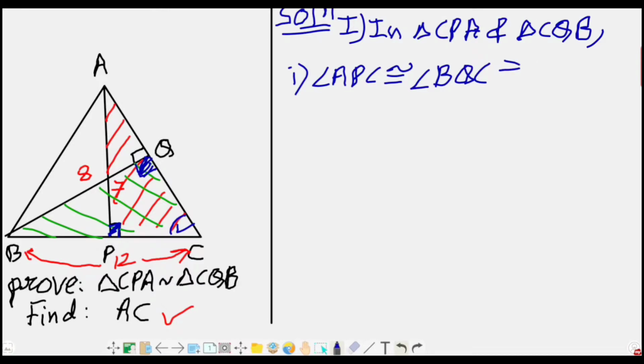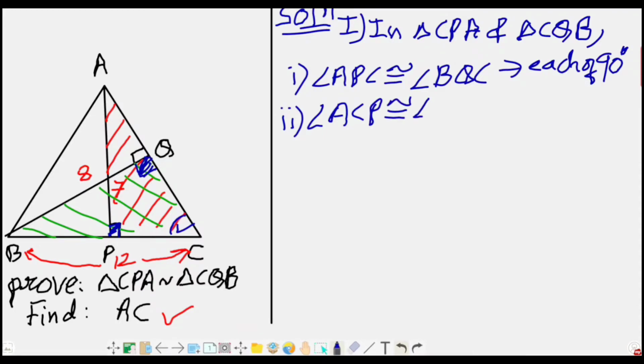Why are both congruent, students? Because each of them is 90 degrees. The other angle, angle ACP, is congruent to angle BCQ. Why are both congruent? Because it is the common one. So the reason you have to write is common angle.